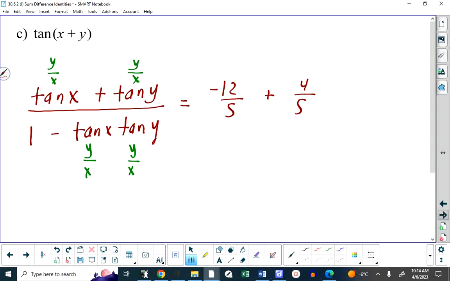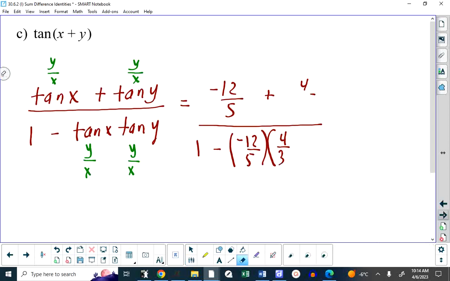On the bottom, we have 1 minus the negative 12/5 times, oh, I see what the hesitation was. I wrote 4/5. That's what you guys were balking at. I get it. 4/3. Never feel afraid to tell me that, okay? Does that look okay now?